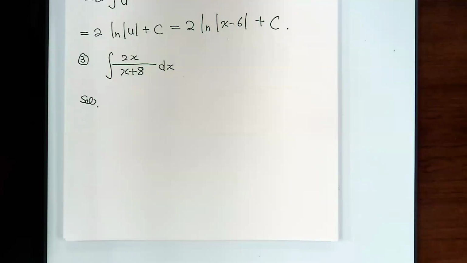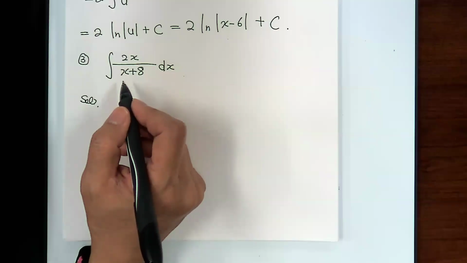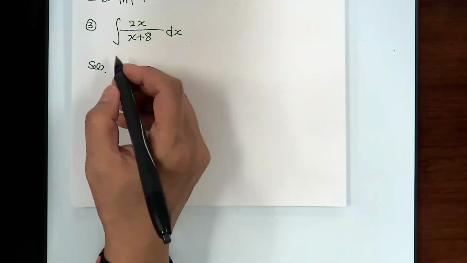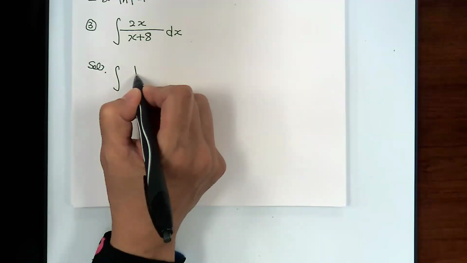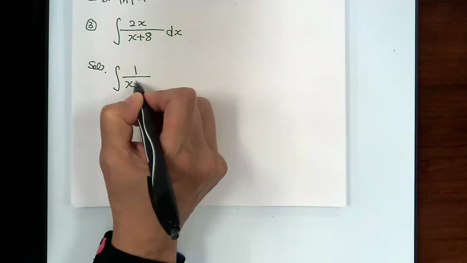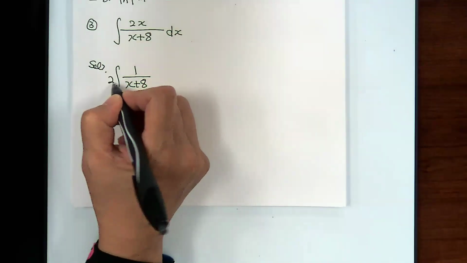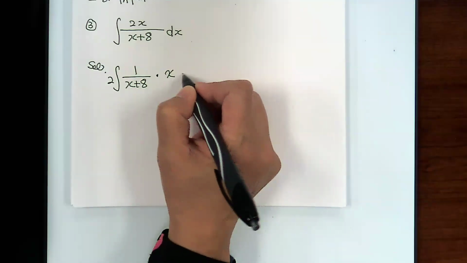And we cannot regard the numerator as the derivative of the denominator. But we notice that the denominator's degree is 1. So we will use that observation. Firstly, we will rewrite that one as integration 1 over x plus 8. We write 2 in front of the integral times x dx.